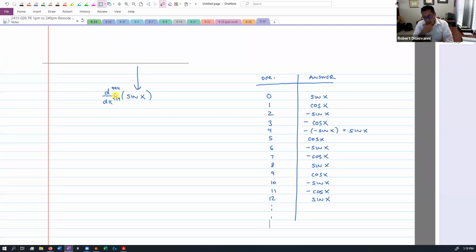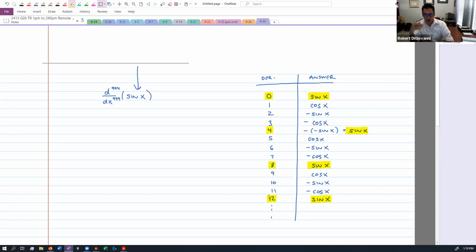So let's look at where we have the same answer coming out. I have sine here, another sine here, another sine here, and then another sine here. Those are happening when my derivatives are 0, 4, 8, and 12, right?